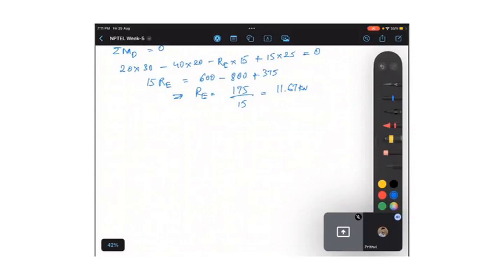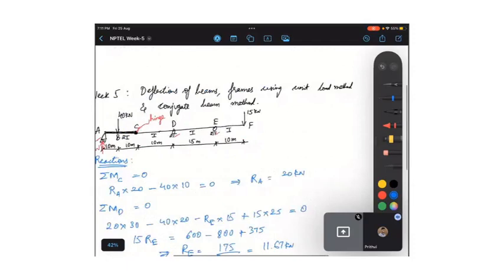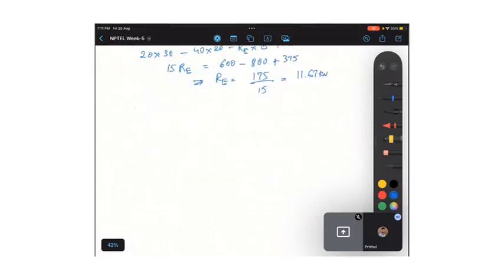Coming to RD, how do we find RD? Let us take the forces in the vertical direction. We have RE as 11.67. So we have 20 because of RA, plus 11.67, and let us assume RD also in the vertical direction.